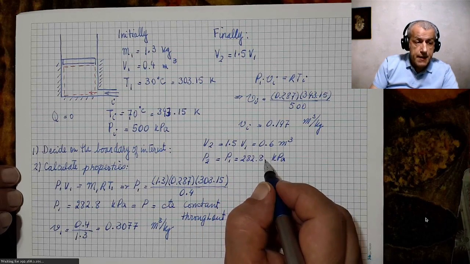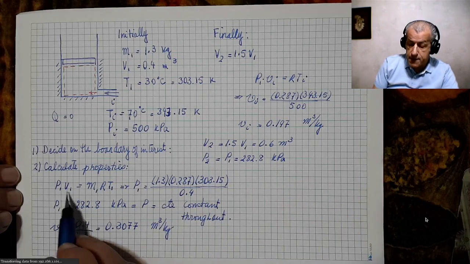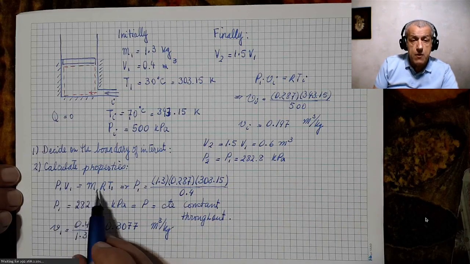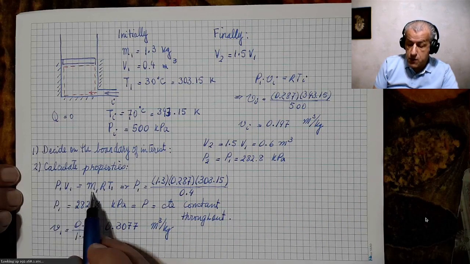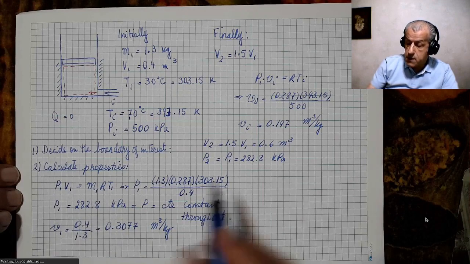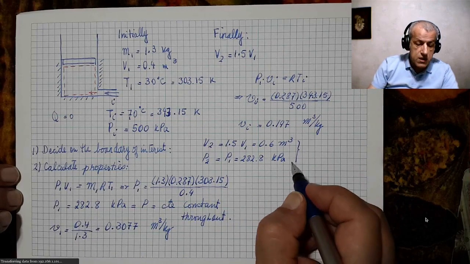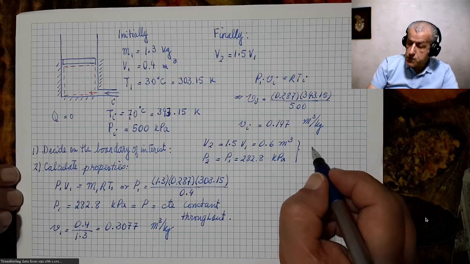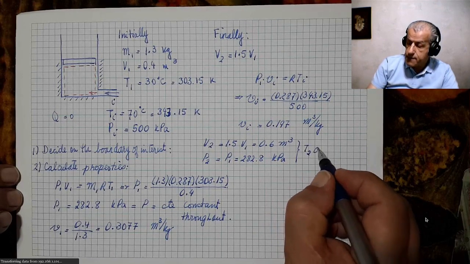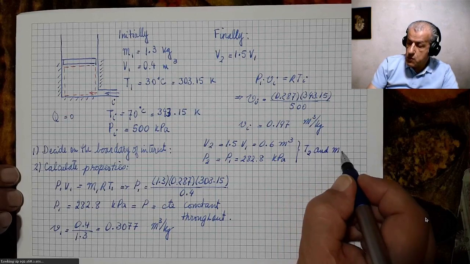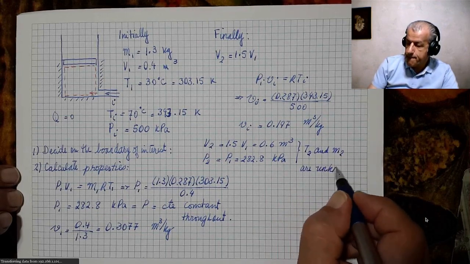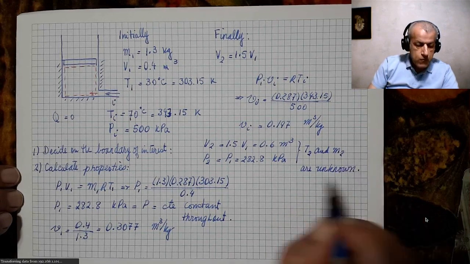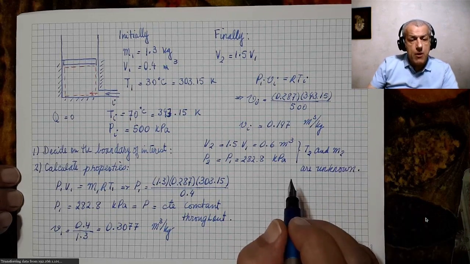Looking at a similar equation for point 2, we know P2, we know V2, but we don't know m2 or T2. So the conclusion is that T2 and m2 are unknown.